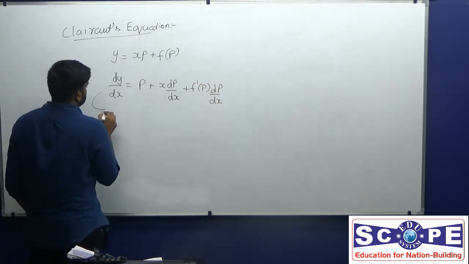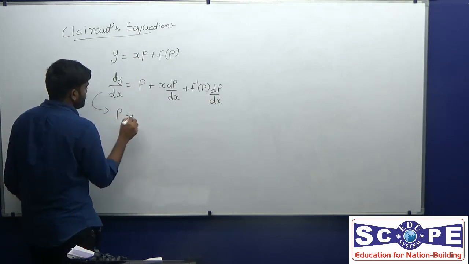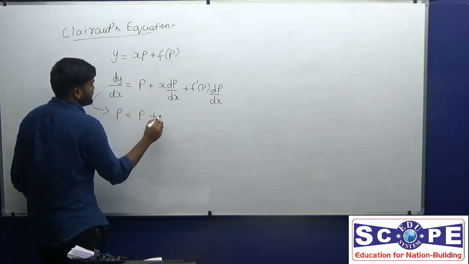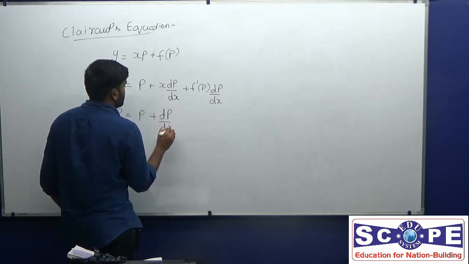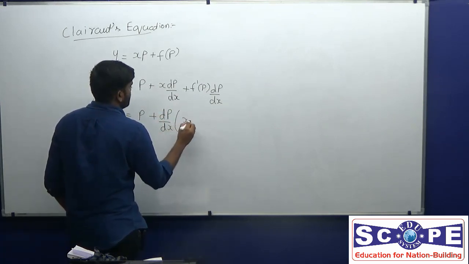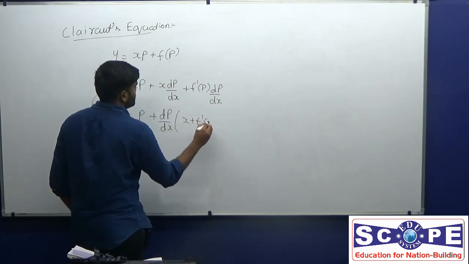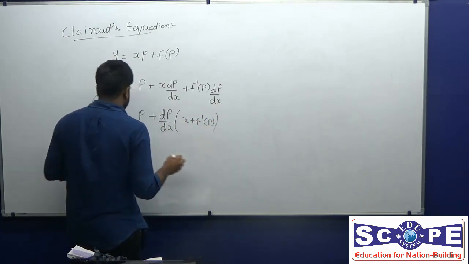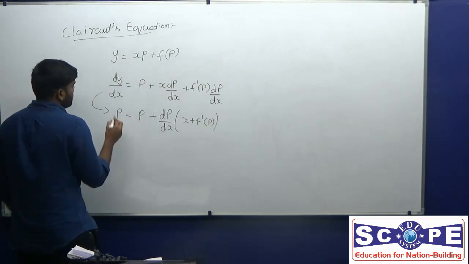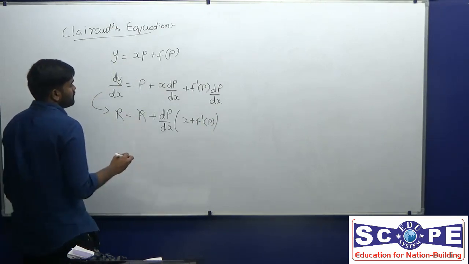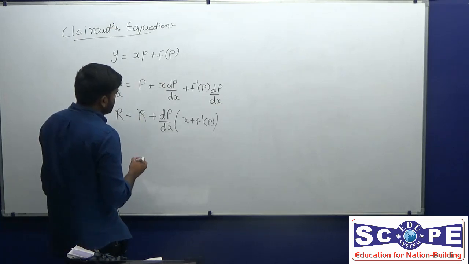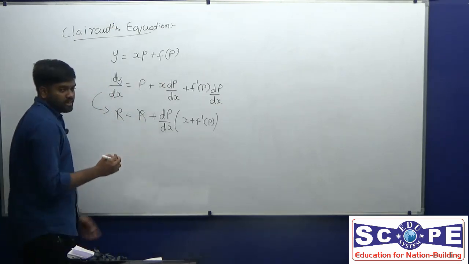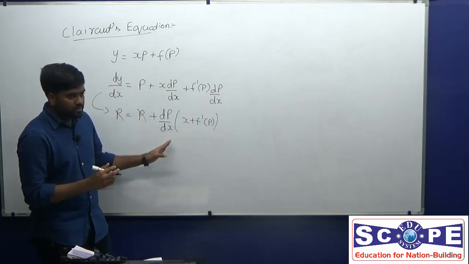You can substitute this dy by dx as p only, so these p terms will get cancelled, and if you take dp by dx common, you will get simply x plus f dash of p. So as already told you, this is in factorization form.